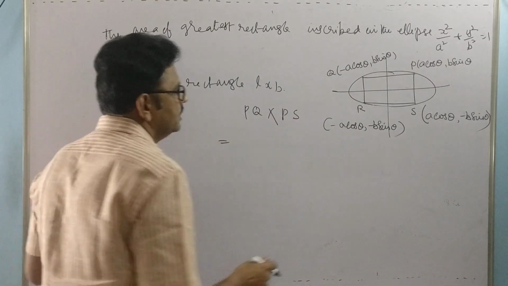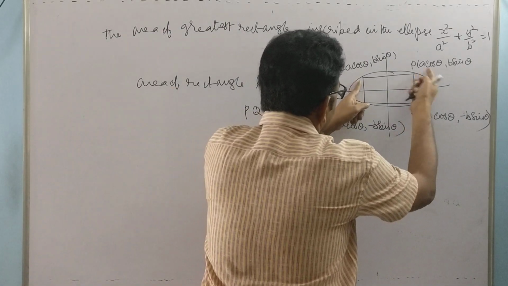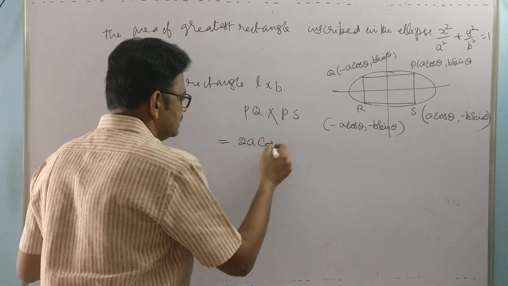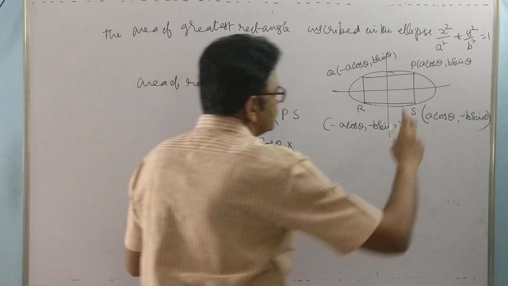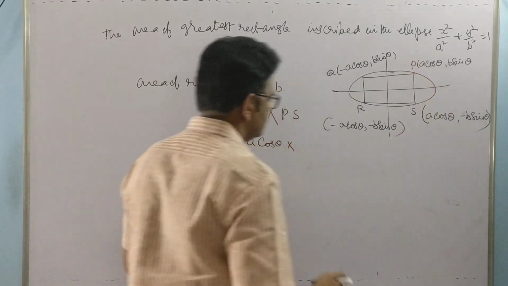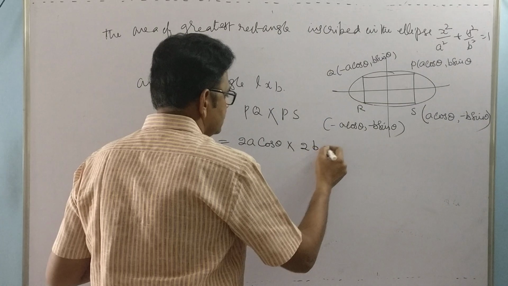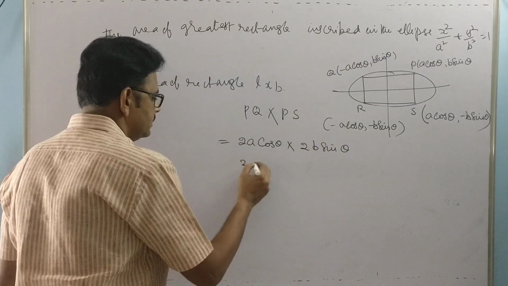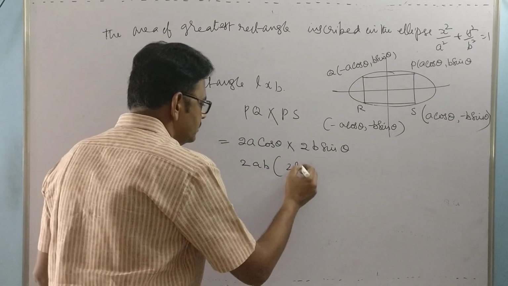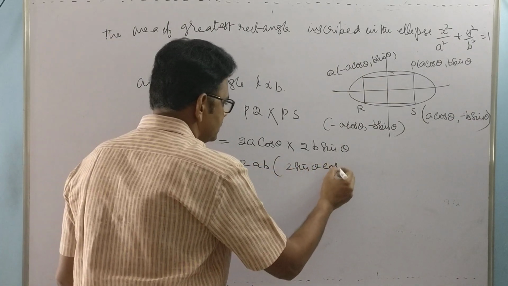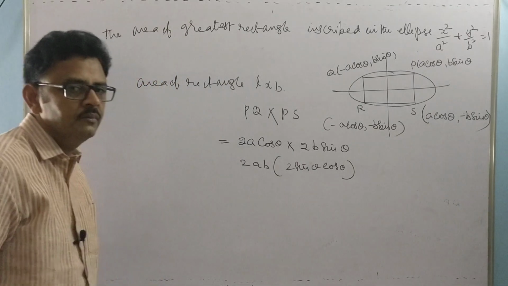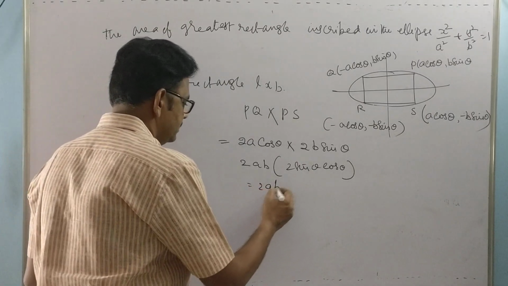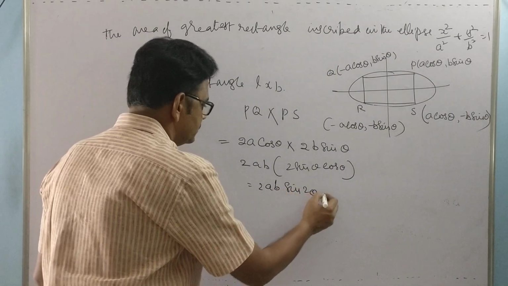PQ is the distance 2a cos theta, into 2b sin theta. That equals 2ab into 2 sin theta cos theta, which is equal to 2ab into sin 2 theta.